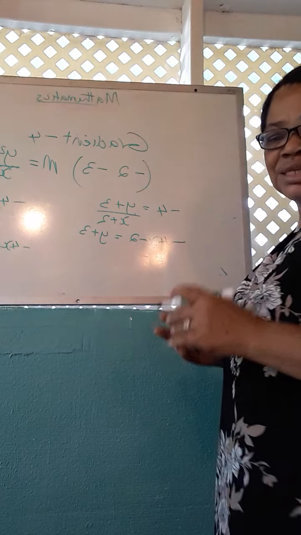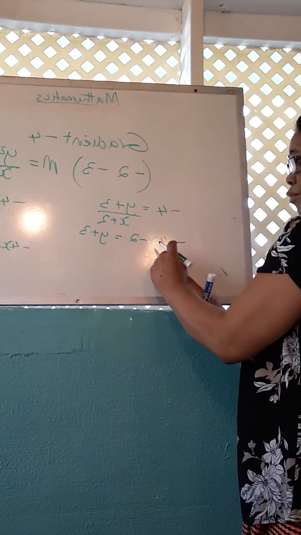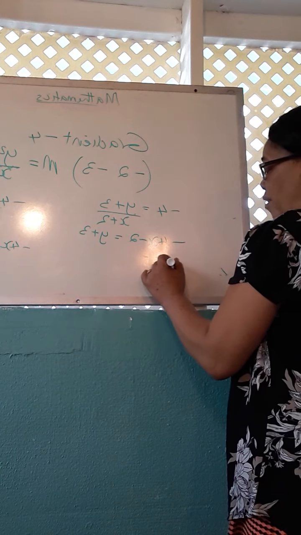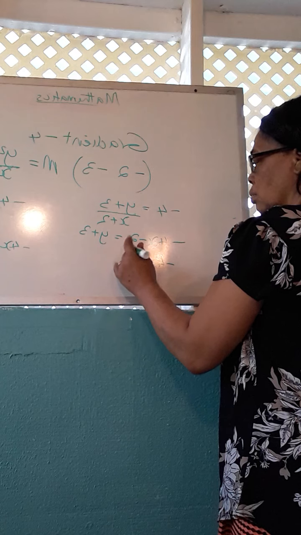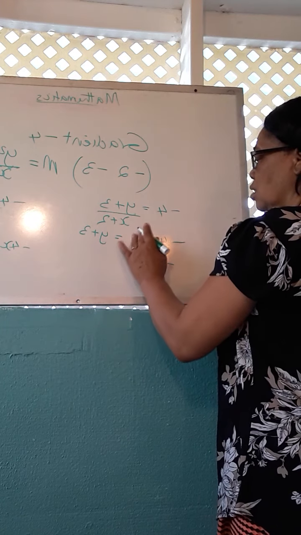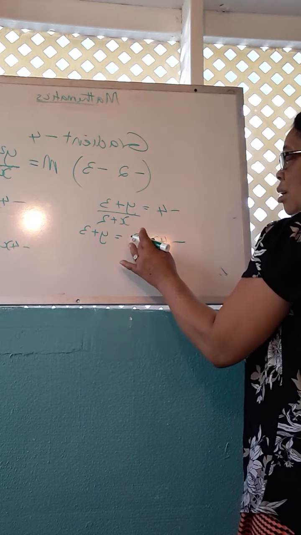Using basic simple equation principles, I am going to carry over, and so I'm going to end up having -4x minus 8. 4 times 2 is 8. -4x minus 8.